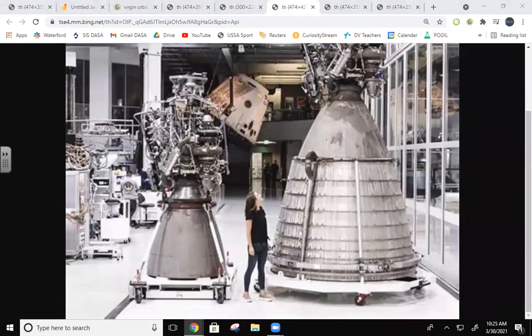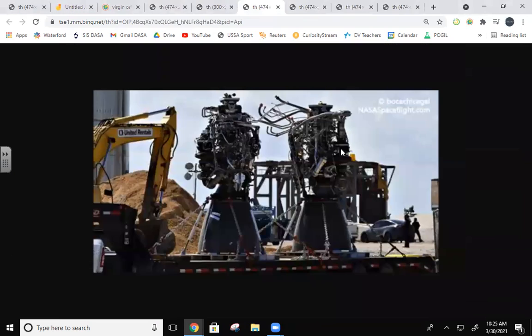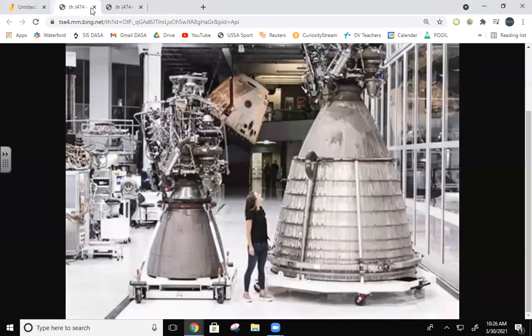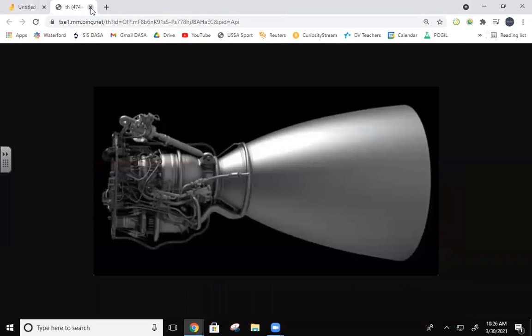One more picture here, just to drive home the point. So we've looked at all these different engines and how complex they are.